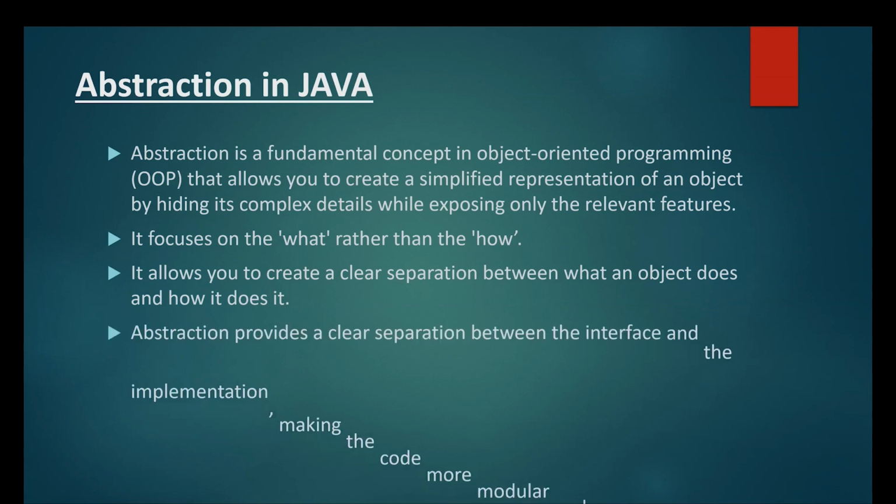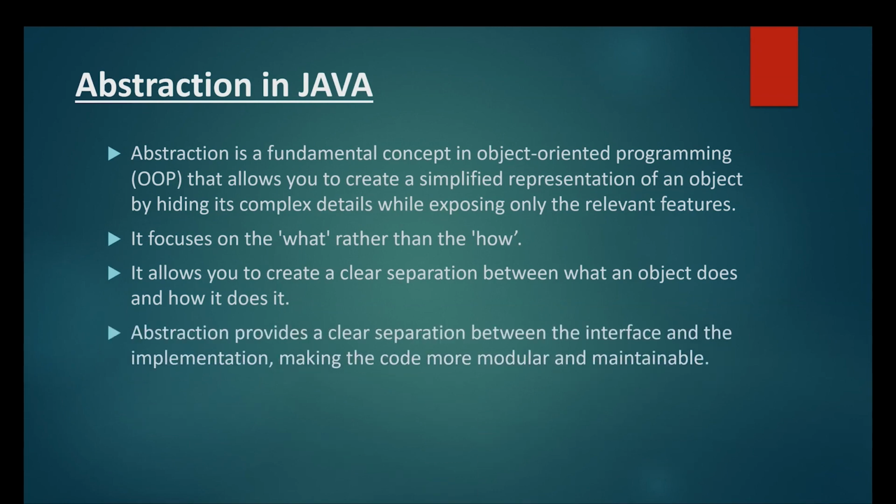Now the next point about abstraction is that abstraction provides a clear separation between the interface and the implementation, making the code more modular and maintainable. So if you take an example of an enterprise application, you always write an interface and then you write an implementing class which overrides the methods written in the interface to provide its functionality, right?